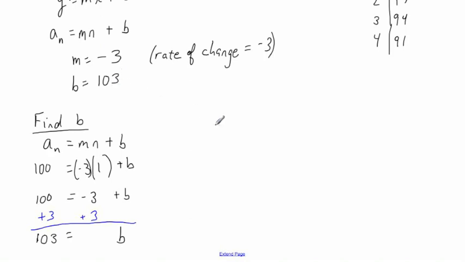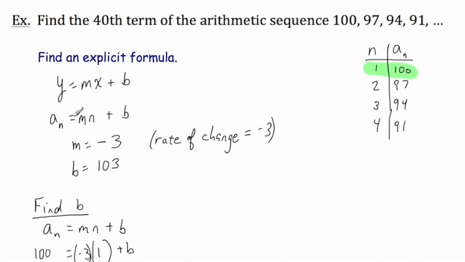So I have found both m and b that I can substitute into my explicit formula equation. So I can use that information to write my explicit formula, a sub n equals negative 3 times n plus 103.